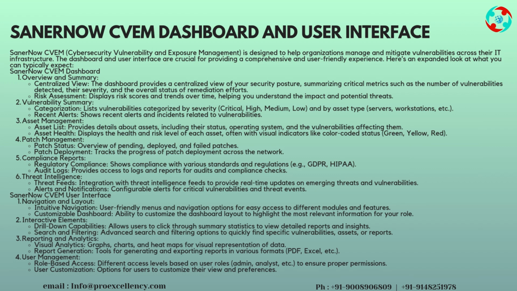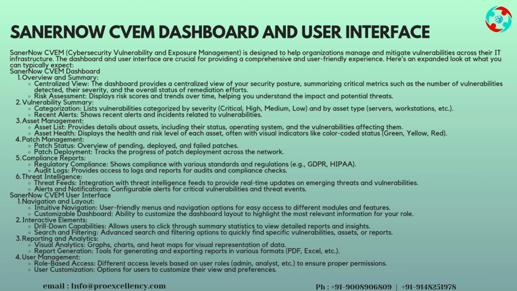Asset health displays the health and risk level of each asset, often with visual indicators like color-coded status: green, yellow, red. Patch management. Patch status: overview of pending, deployed, and failed patches.